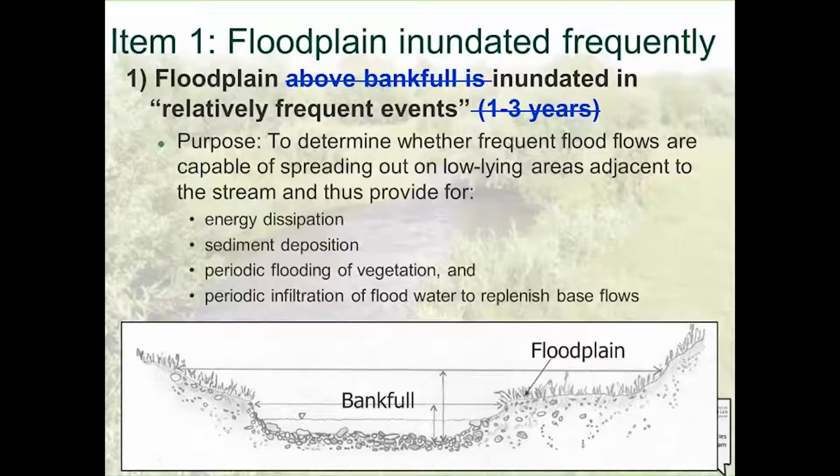For channel types that usually would have and should be developing a floodplain, that floodplain helps slow water down. As the water gets up out onto the floodplain, it's shallower there, right? So there's a lot more effect of the resistance of the vegetation, boulders, rocks, and the roughness of the floodplain shape itself to help slow that water down.